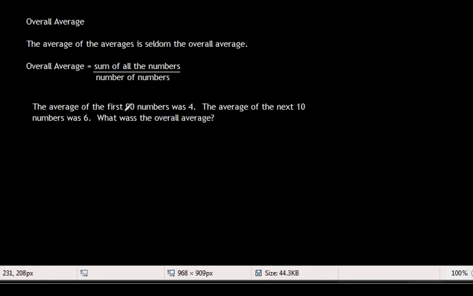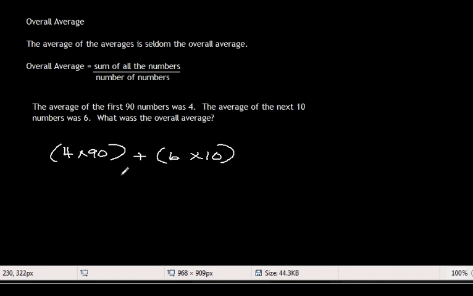So the first average, there were 90 numbers. So we're going to add up the 90 numbers and take each of them times 4. That would give us the total sum of all the 90 numbers: 4 times 90, plus 6 times 10.